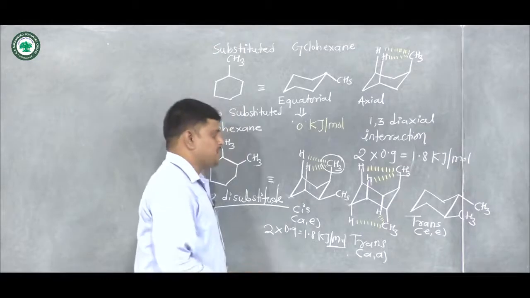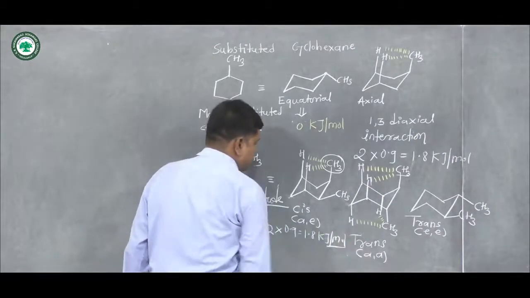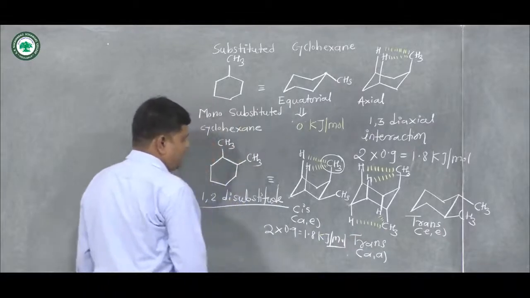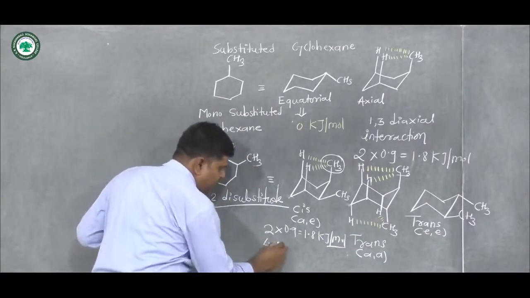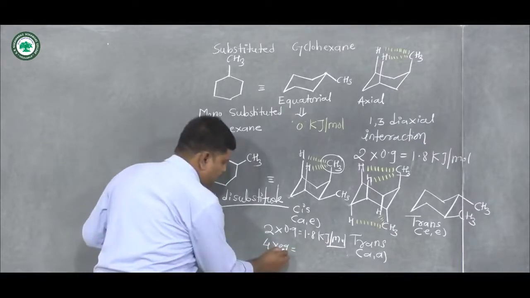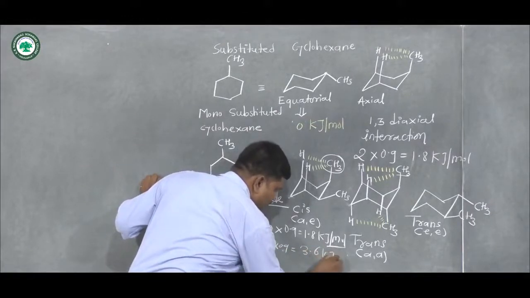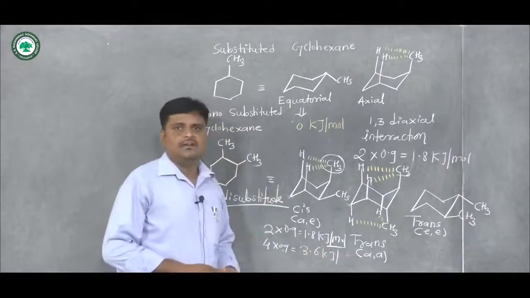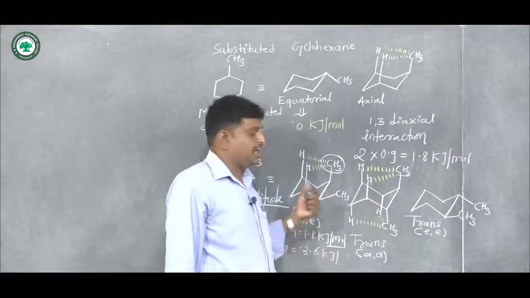So total interactions are 4 for this trans axial, and according to this we write here 4 into 0.9, at that time we get 3.6 kilojoule, okay, energy.